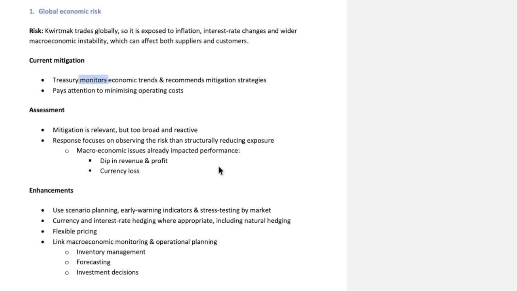So there's no mention about such strategies within our risk report. Instead, it highlights the fact that our Treasury Department is observing risk exposure, and macroeconomic issues have already impacted our performance, because if you look at our financial statements, our revenues have dipped by 19%, which has led to a dip in profitability.